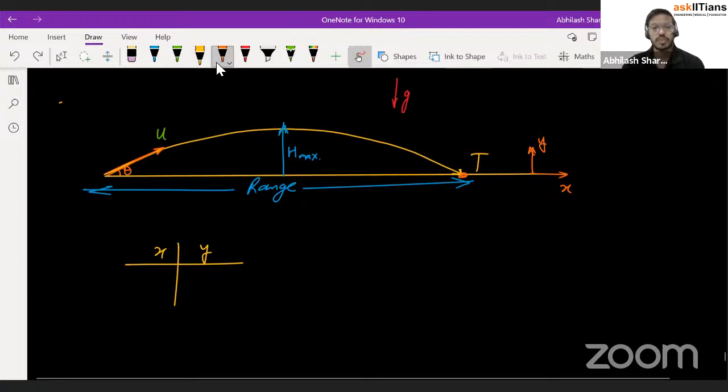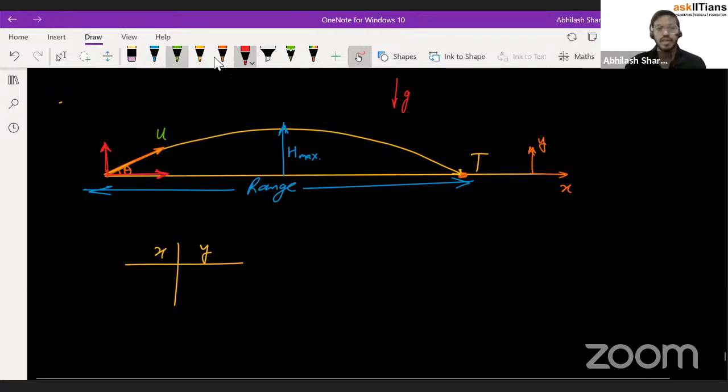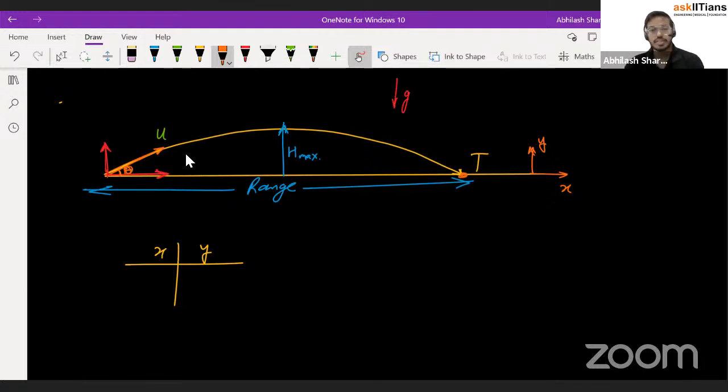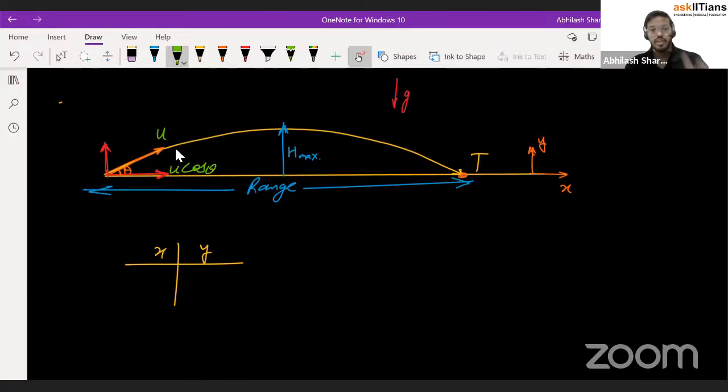So what we do is we break the velocity into two parts, one component along X and one component along Y, ux and uy we can call them, X component, Y component. Those who know vectors, fine; those who don't, worry not, we will teach you in the regular class. The x component, which is towards the angle, will come out to be u cos theta. And the y component in the vertical direction will come out to be u sin theta.